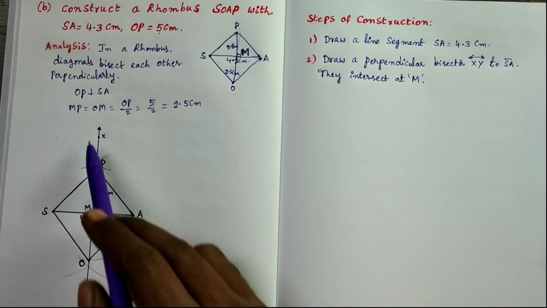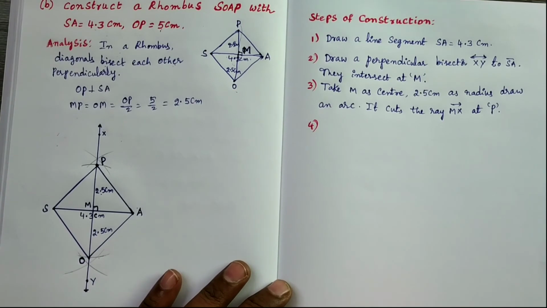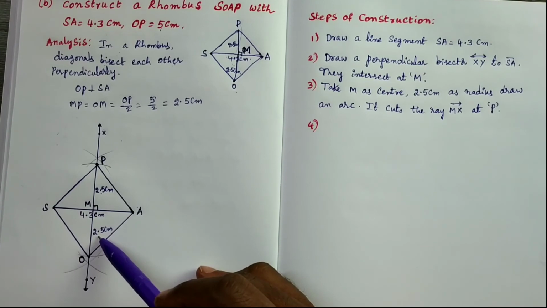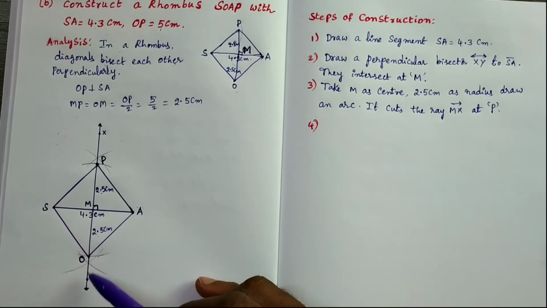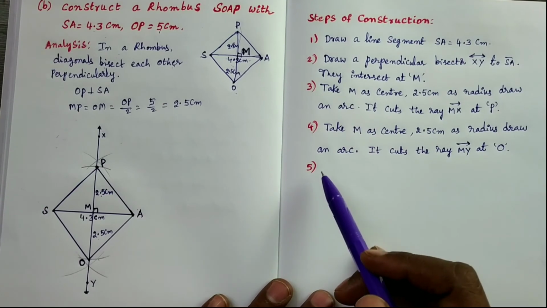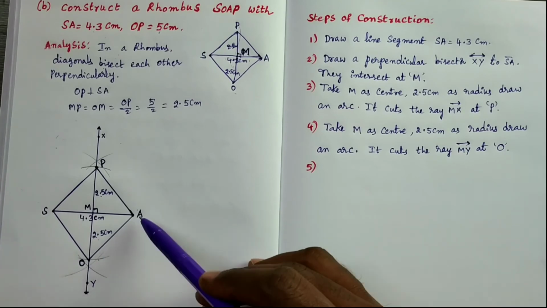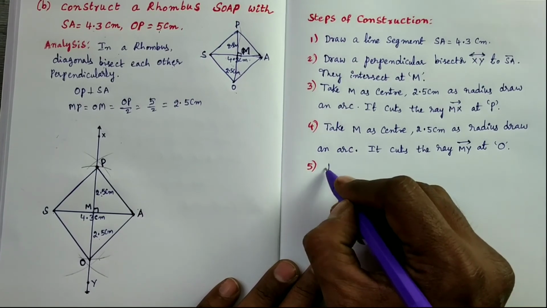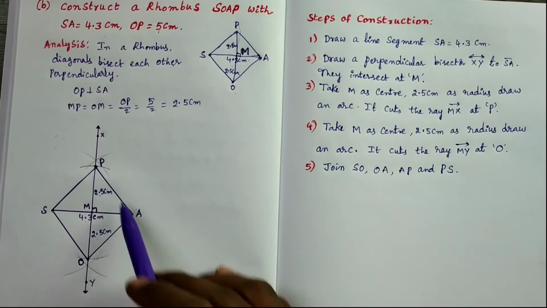It cuts the MX ray at P. The fourth step: take M as center, 2.5 centimeters as radius, draw an arc. It cuts the MY ray at O. The last step, the fifth one: join SO, OA, AP and PS. Therefore, the required rhombus SOAP is constructed.